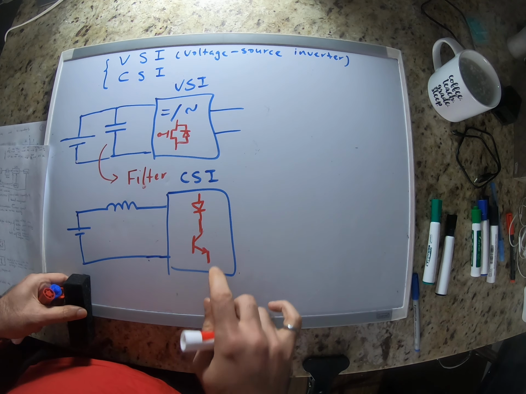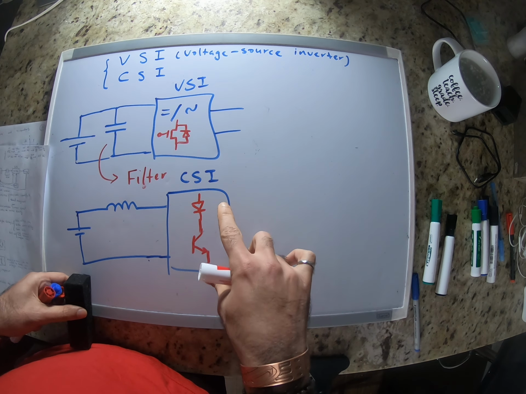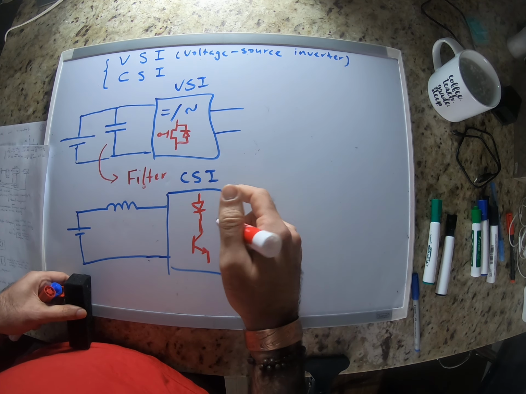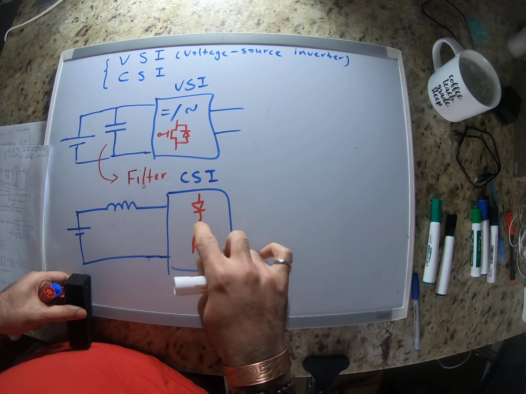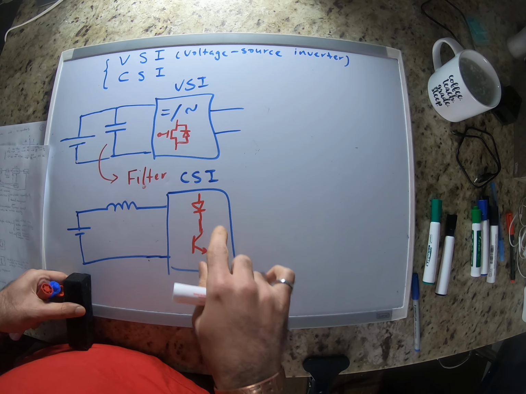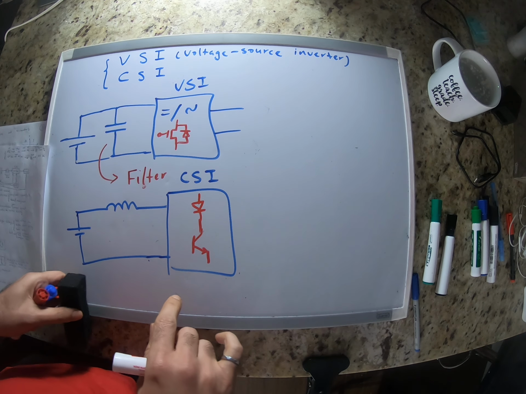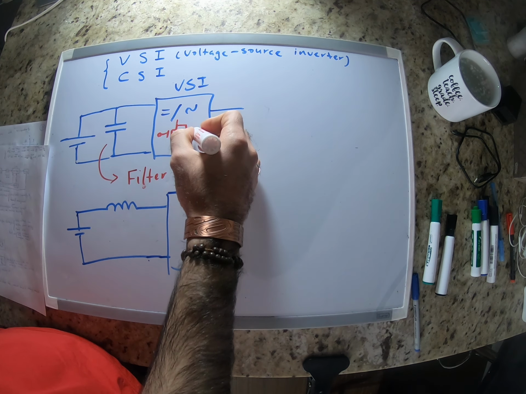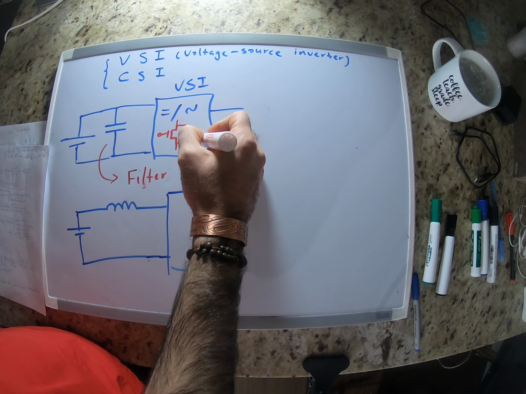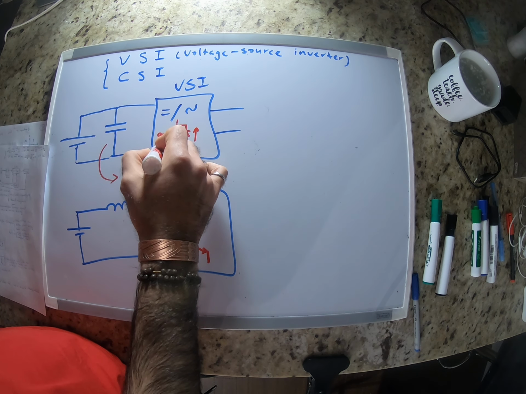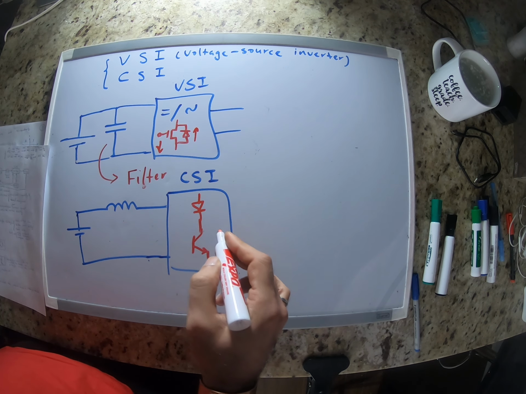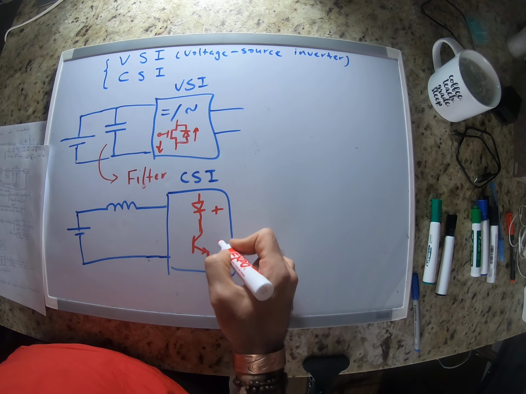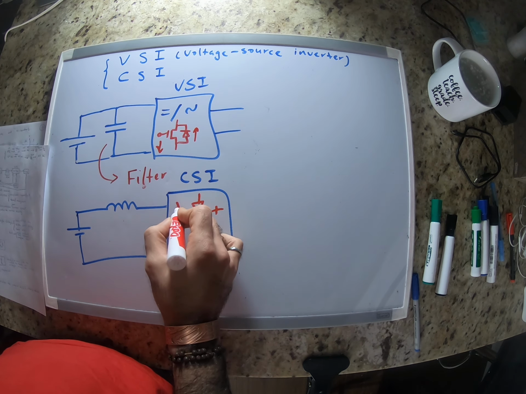Okay, and the purpose of this diode is to make sure that we can have positive and negative voltages across the switch. So here the purpose of this diode is to make sure that we can have both directions of currents going through the switch.